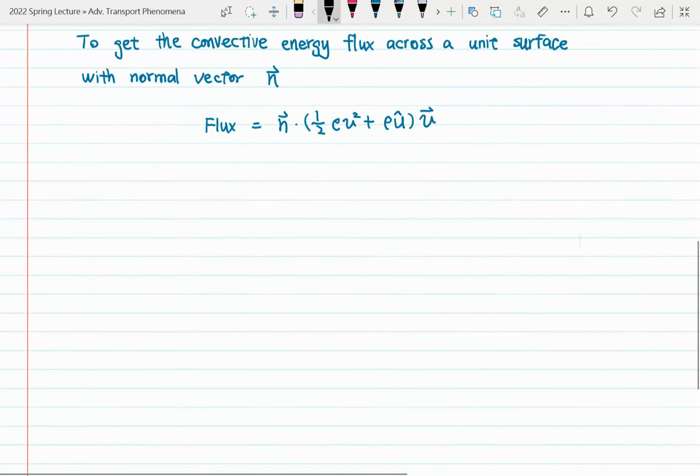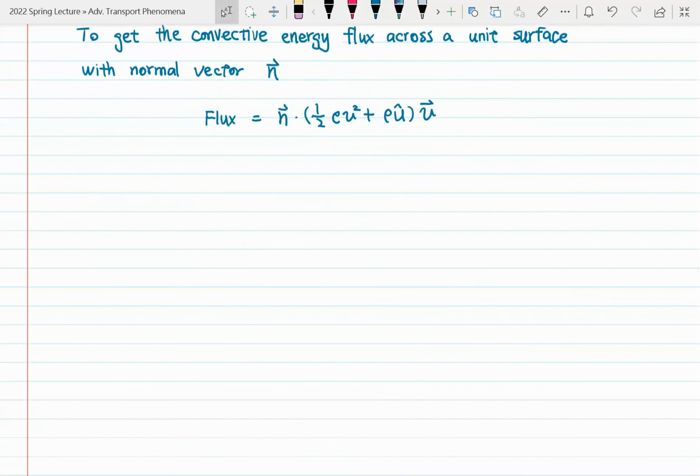That's the work associated with molecular motions. So let's write it down. This is the third mechanism for energy transport: work associated with molecular motions.